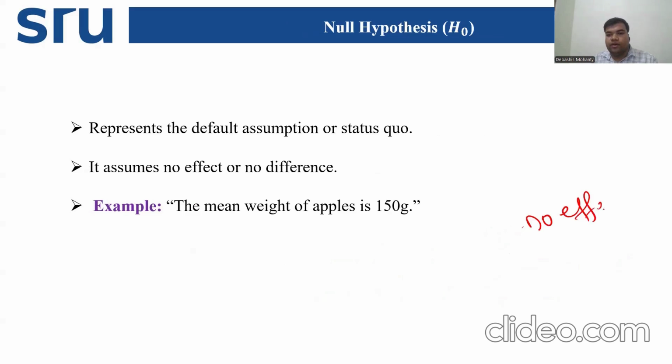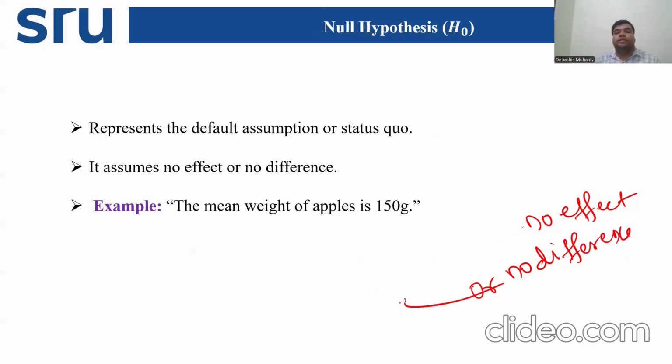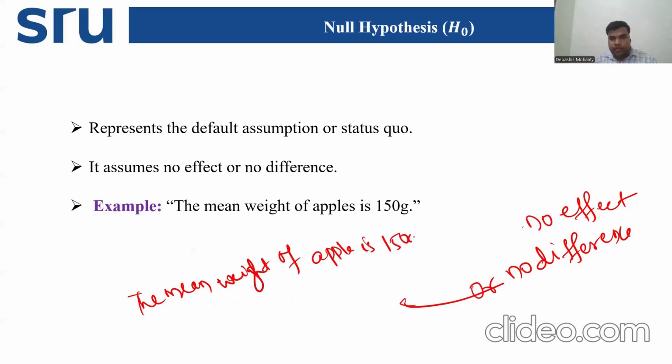For example, the mean weight of an apple is 150 gram. That is the thing we have to see, and that is the null hypothesis. So this is an example of hypothesis testing and what a null hypothesis is.